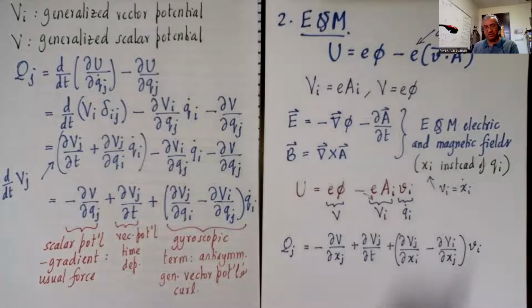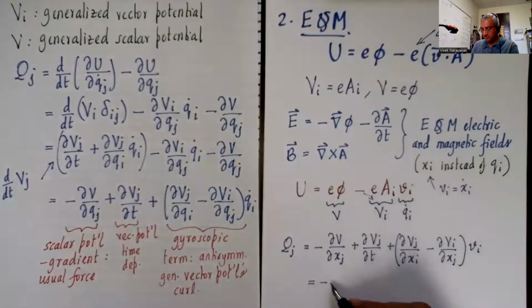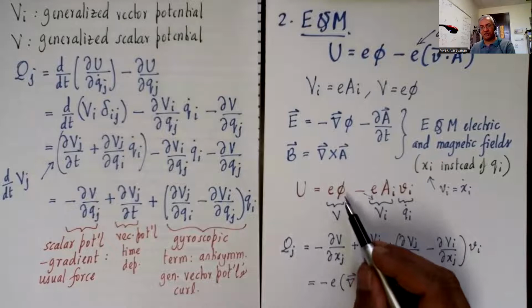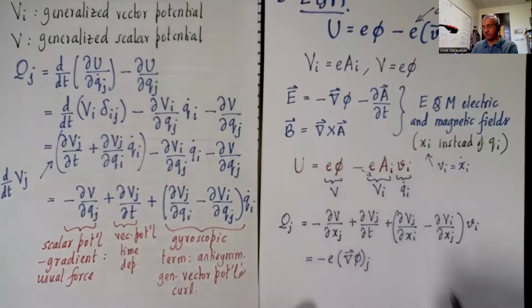Now let's substitute all these things. I'm going to get negative E times the jth component of the gradient, because when I take the derivative with respect to X j, I get the jth component of the gradient.